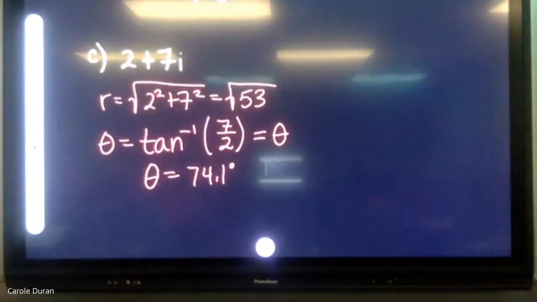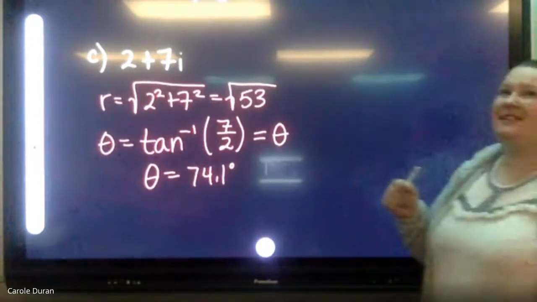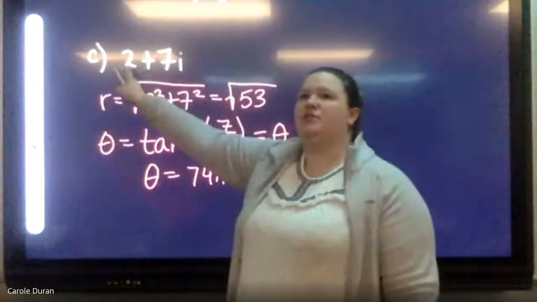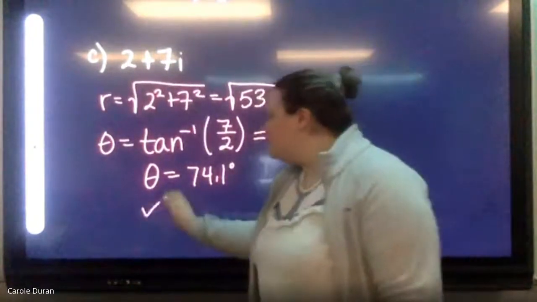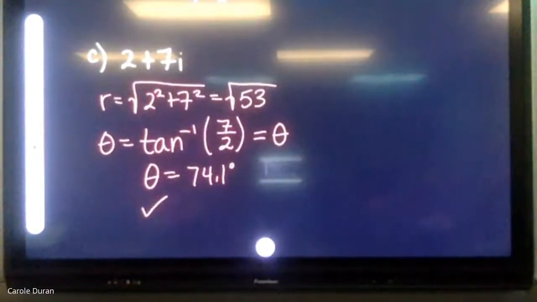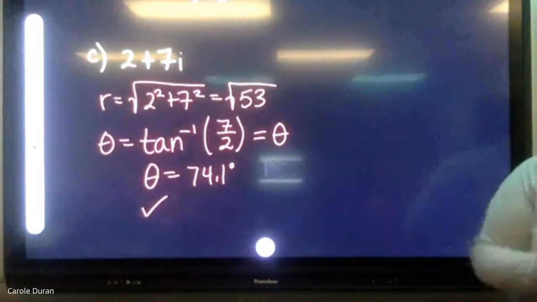Yes. How do we know that? They're both positive. So that means from the origin, I moved right 2 and up 7, which puts me in quadrant 1, which means that 74.1 is going to be the angle that would work. If it's not the angle that would work, we would just add 180 to find another angle on the circle that gives me the same tangent value.